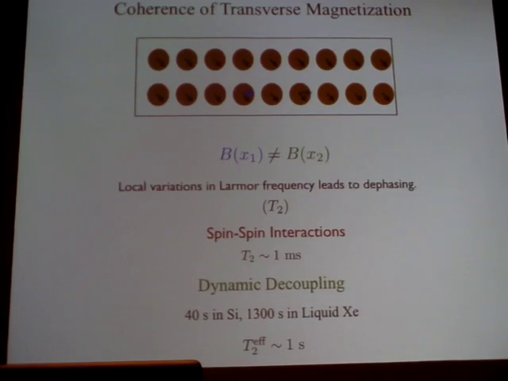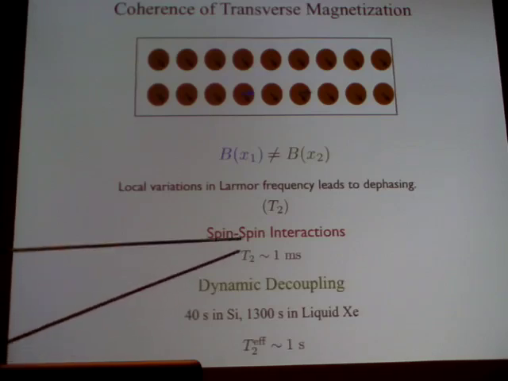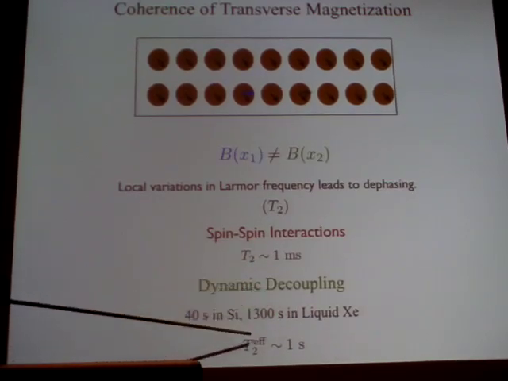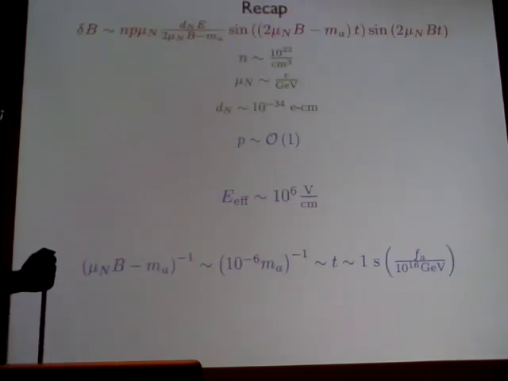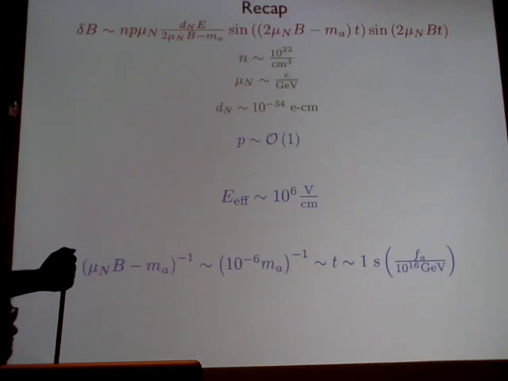Okay, and that's been demonstrated now in a variety of systems. In silicon, they've got about 40 seconds, a dramatic improvement over the 1 millisecond time scale, and in liquid xenon about 1300 seconds. So our experimentalist colleagues think that 1 second should not be a big problem. The technique should work just as well. I'm trying to understand why it should be so much larger in xenon, or what is the effect here?